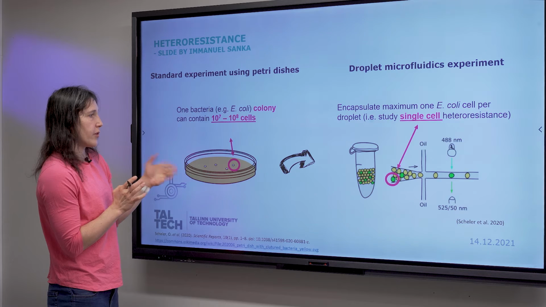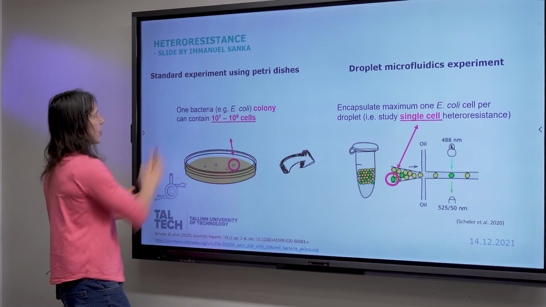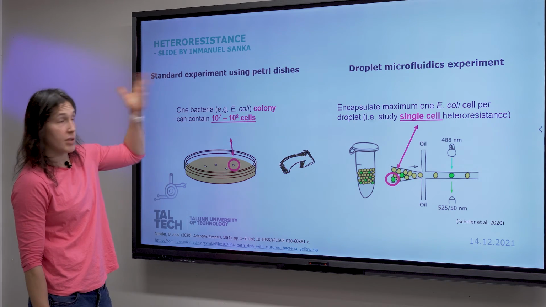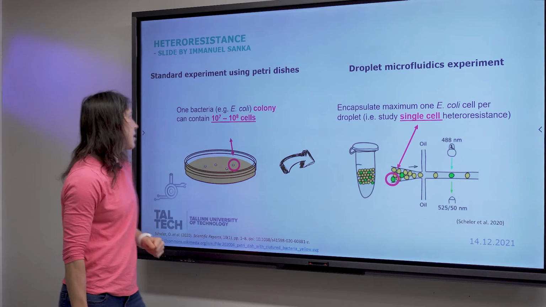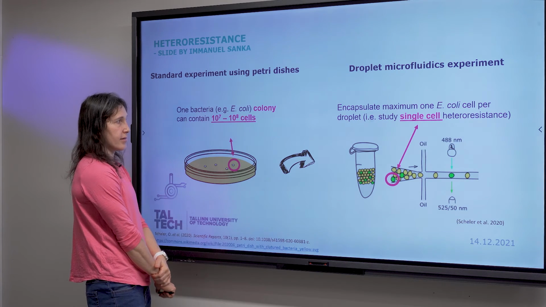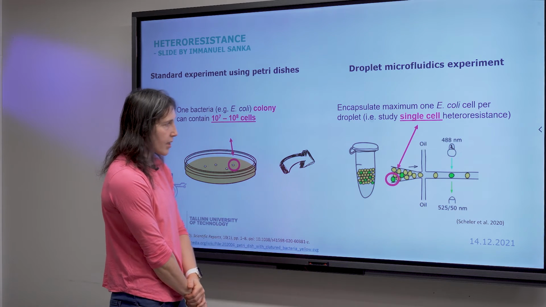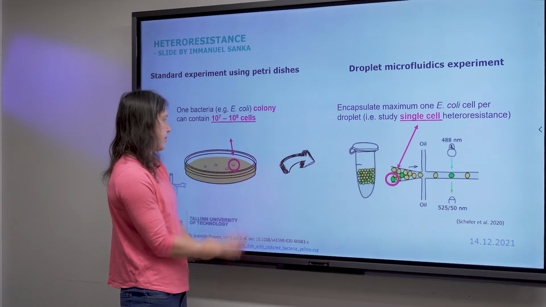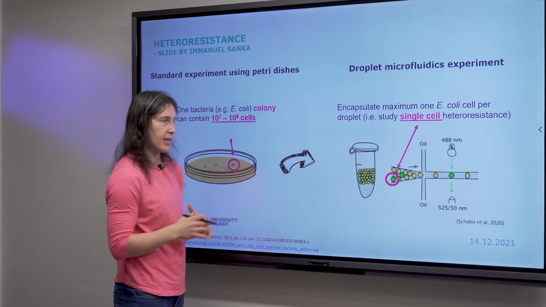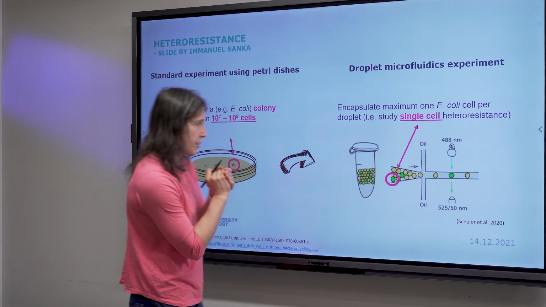So when we further look at heteroresistance, we have the standard experiment where you have one bacterium, let's say E. coli here. You can have a colony right here, and millions, billions of cells are actually in that one colony. So it's really hard to look at heteroresistance this way, because you have so many cells in one place.